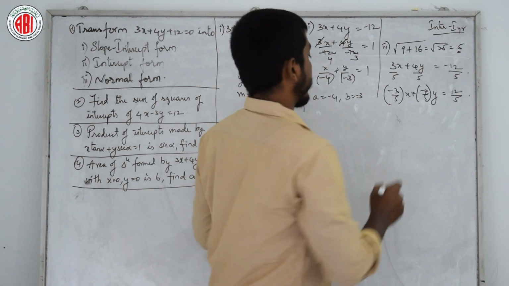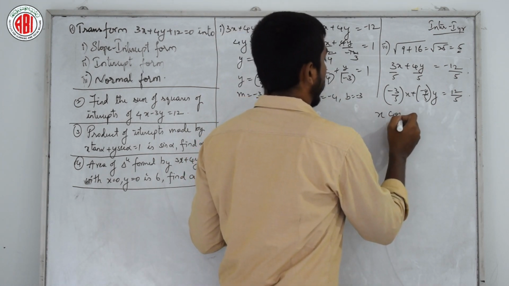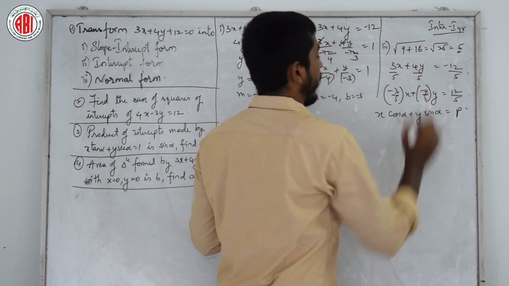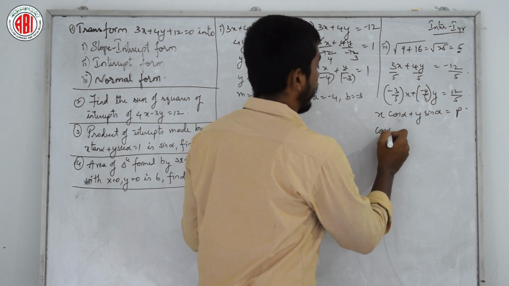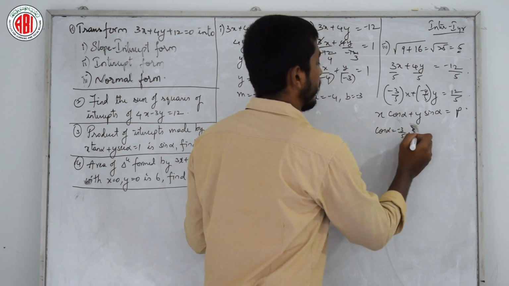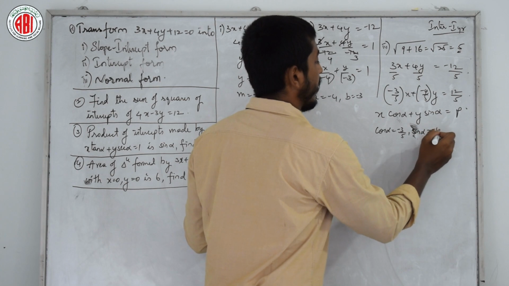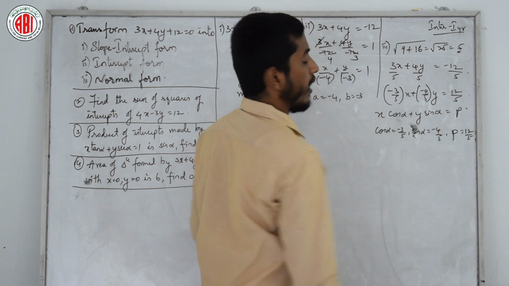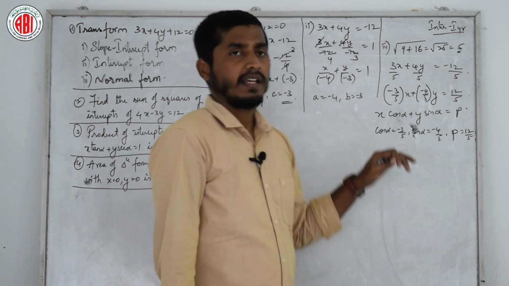Let us compare it. x cos alpha plus y sin alpha equal to p. What is cos alpha? Minus 3 by 5. What is sin alpha? Minus 4 by 5 and p is 12 by 5. Is it clear? It's enough.